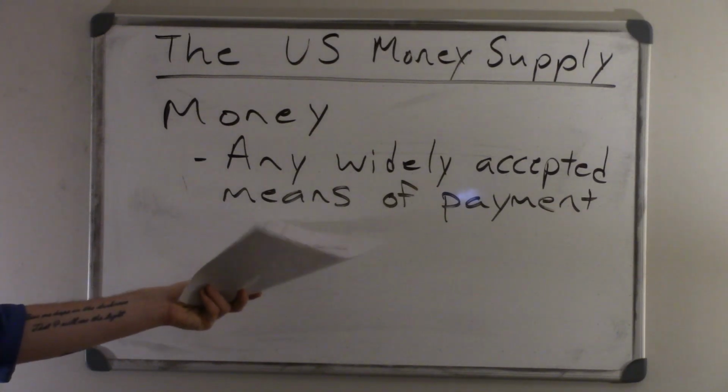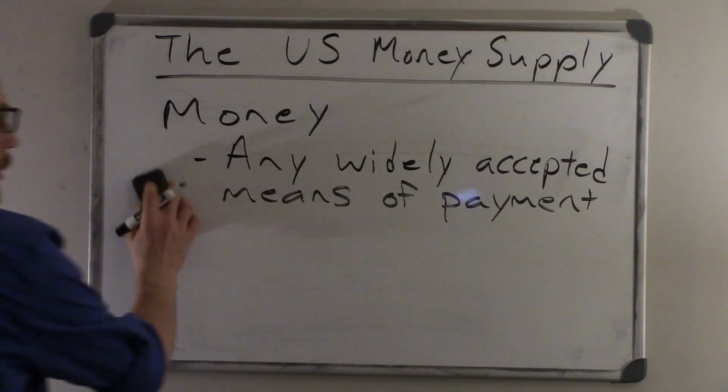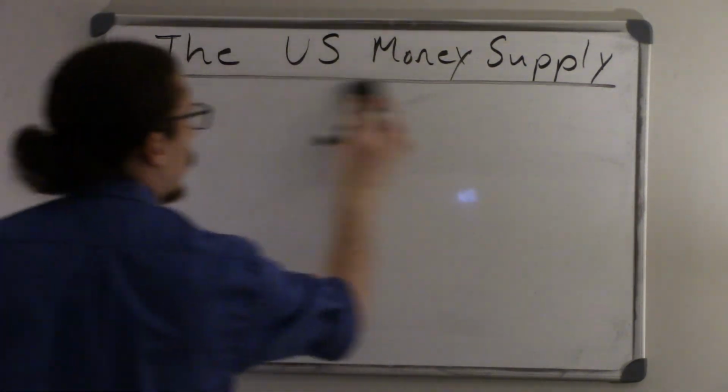This is the idea that it's widely accepted, that you can take whatever it is from one person to the next, and they are going to accept it as a means of payment. It also has to hold value. There are some other properties that money has to have, but we're not going to spend any time on that. That is what money is.